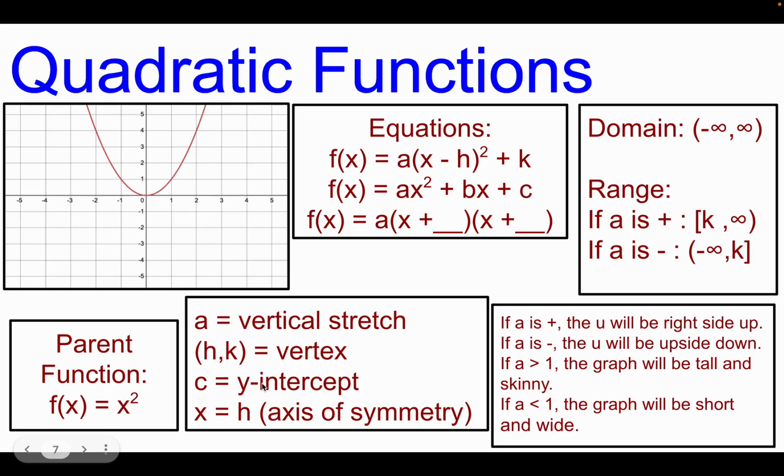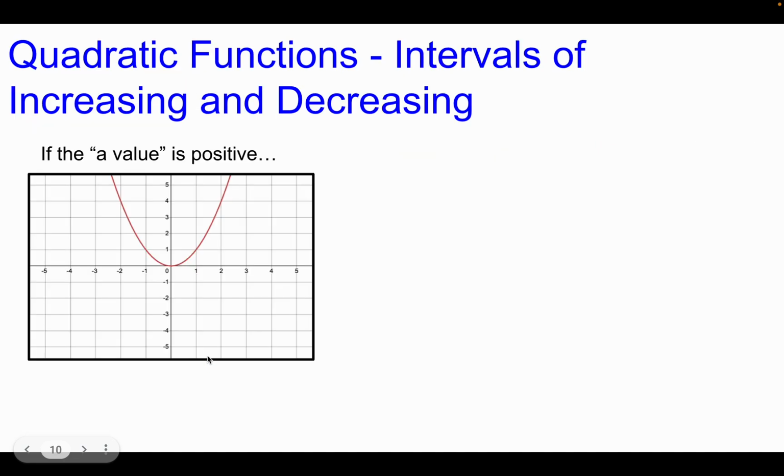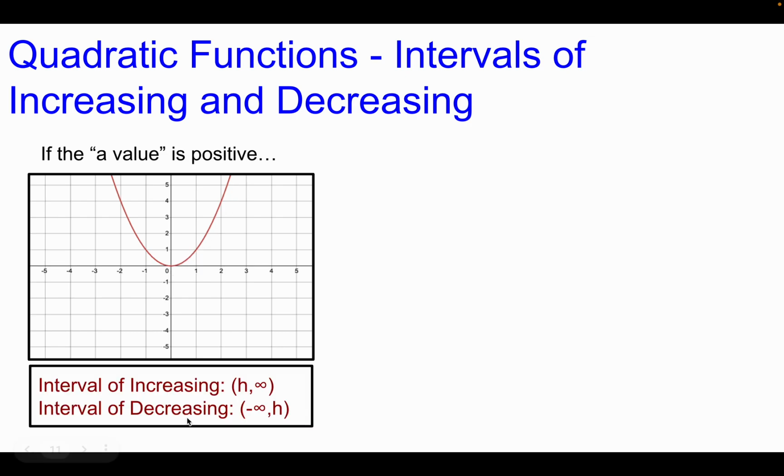Remember that h is the x-coordinate of the vertex. So it's going to be increasing from here going forward. And then it'll be decreasing before h. So before h, the graph is going down all the way until we hit h. So it'll be decreasing from negative infinity to h.